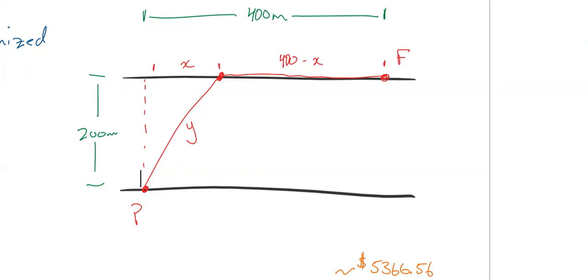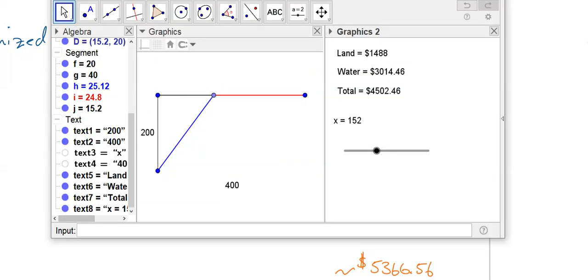And as we saw in that demo, this is my x now. And as I increase x, I'm also increasing y. But I'm decreasing the length on land and increasing the length underwater if I go this way, and vice versa the other way. So we have to find that sweet spot.